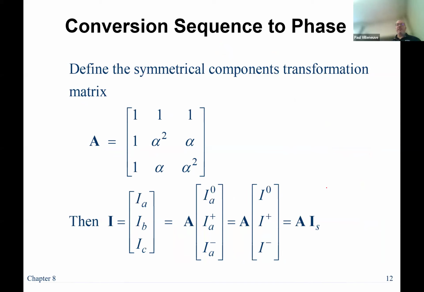Now I can do everything in terms of matrices. So my I matrix, which is called my phase matrix, is equal to A times my symmetrical components matrix. And then I can do one more step. I'll get rid of all the A's because I'll just assume that we know it's the A phase components I'm calculating. Then my phase components are equal to my capital A matrix times my symmetrical components matrix, the IS.